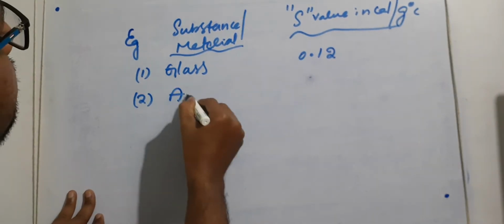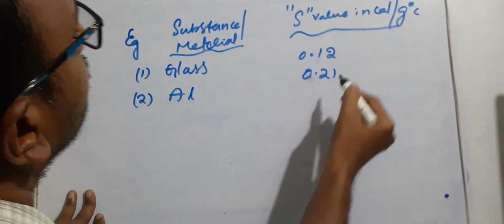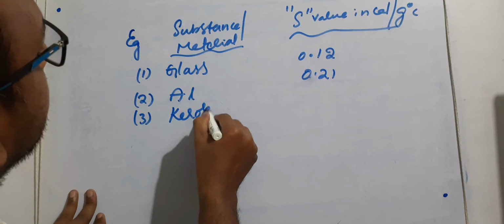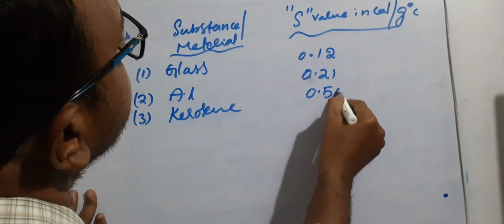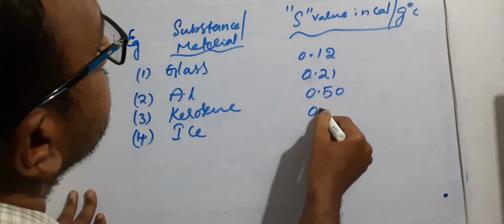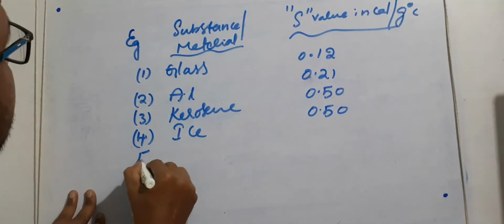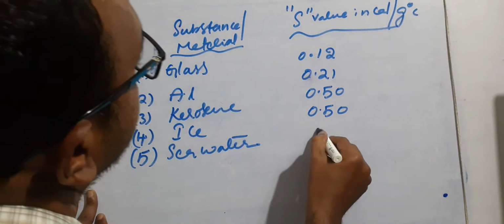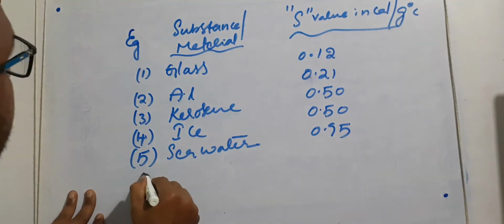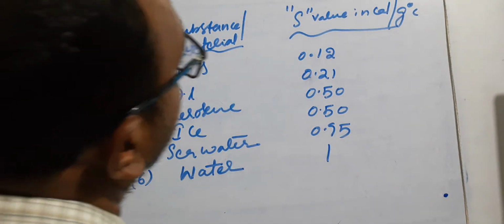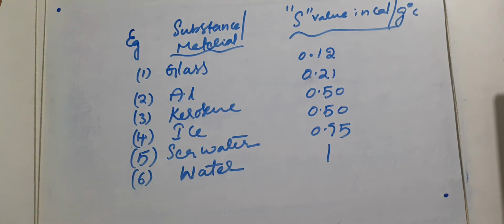Aluminium 0.21, kerosene 0.50, ice 0.50, sea water 0.95, and ordinary water 1. So you can see different materials have different specific heat.